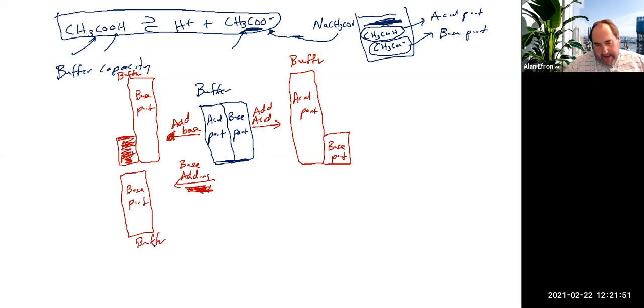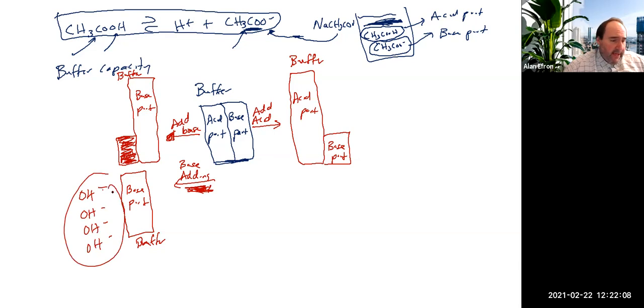So what's going to happen at that point, once we use up all the acid part? Well, once you continuously add, say, sodium hydroxide, you're now going to add just a bunch of OH minuses at this point. And at this point, we would see a big jump in pH because we basically blew right through the buffer part of it.